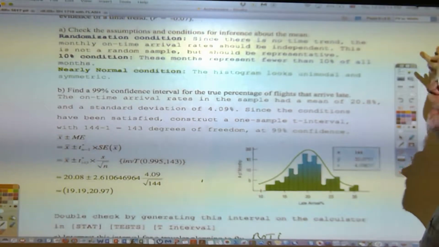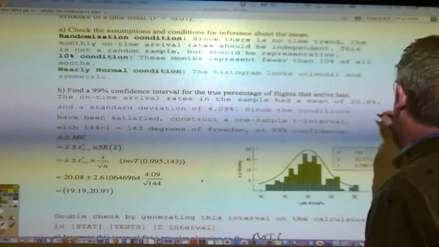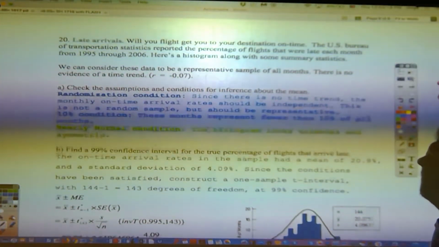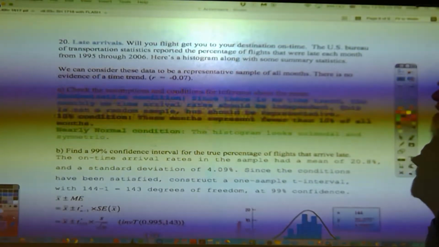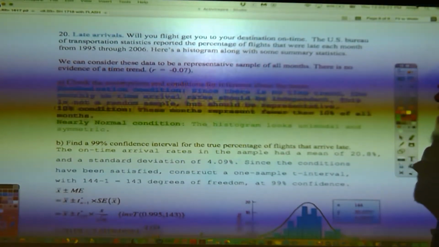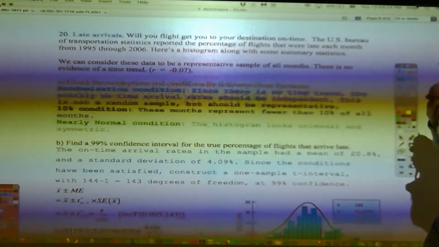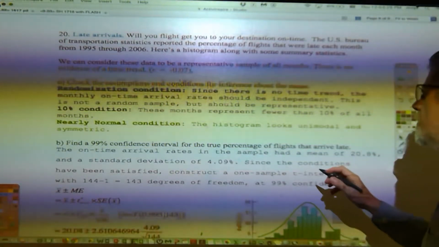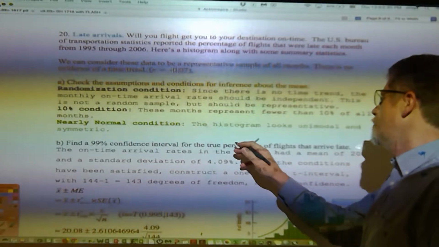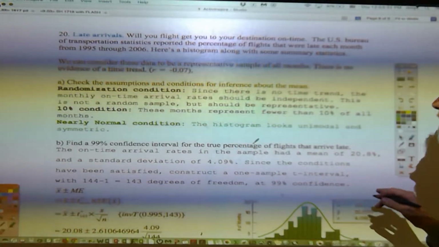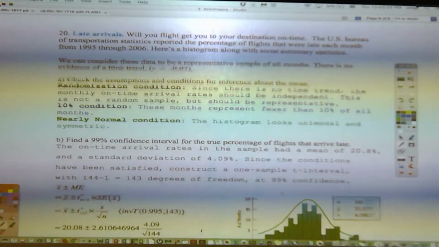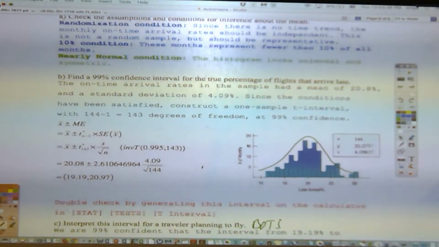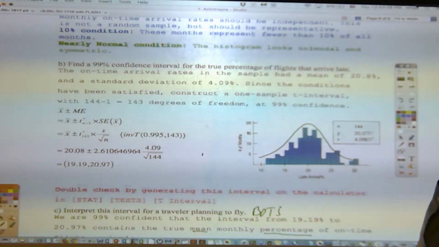So sometimes students get all flustered. It's like, wait, am I supposed to be using Z for proportions or percentages or T for means? Well, you got to read it carefully. They are asking for the true percentage of flights that may arrive late. And the true, it's like, what's the average percentage?